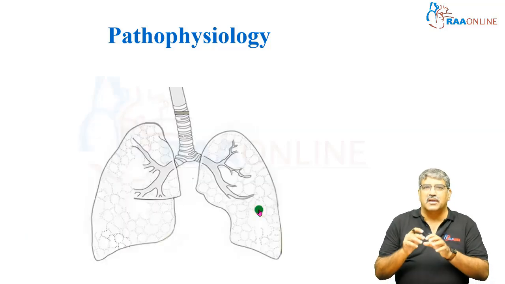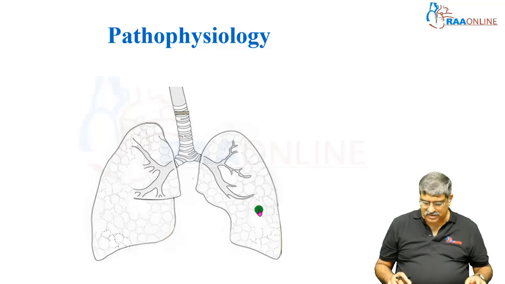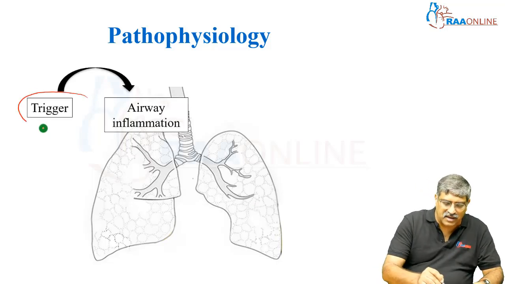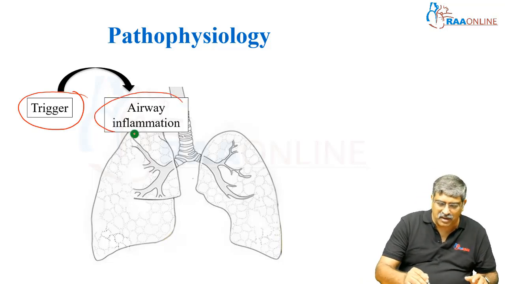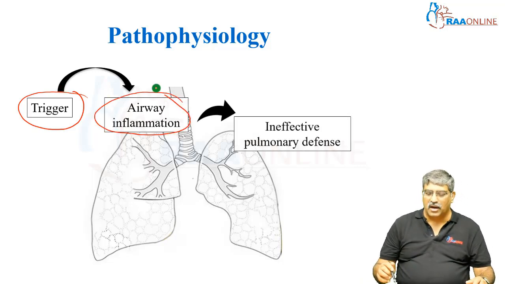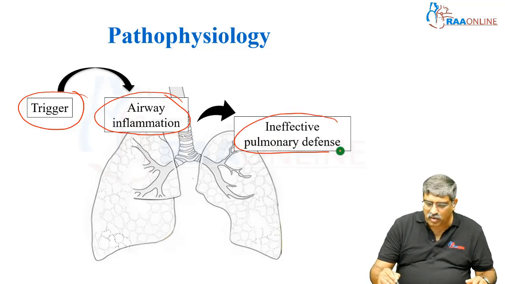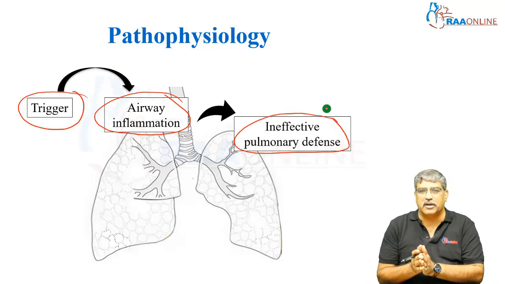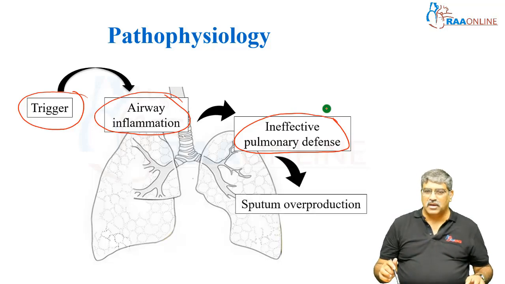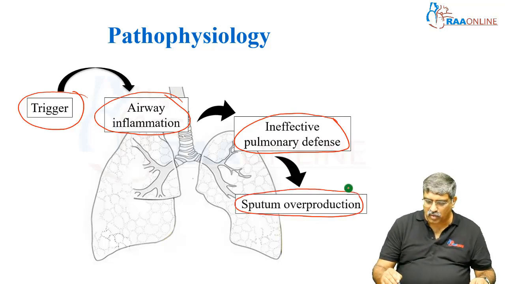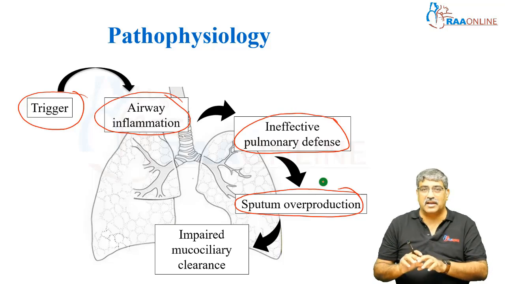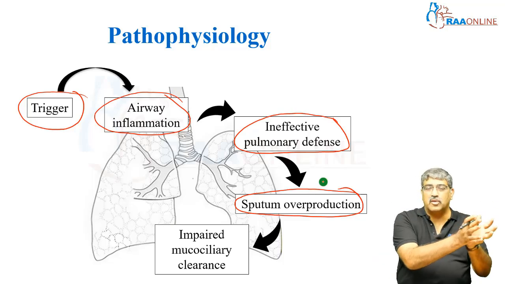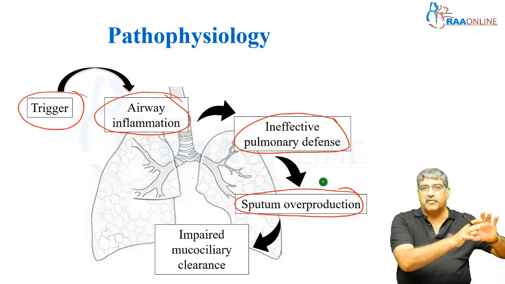Now, coming to the pathophysiology, how bronchiectasis can happen. There is a trigger, an immunocompromised patient having a bacterial infection, airway inflammation is happening, and due to immunocompromise, there is ineffective pulmonary defense, and there is sputum overproduction, and the mucociliary activity is reduced, and there is impaired mucociliary clearance, excess sputum production, and they are not able to get this sputum out of the airway.